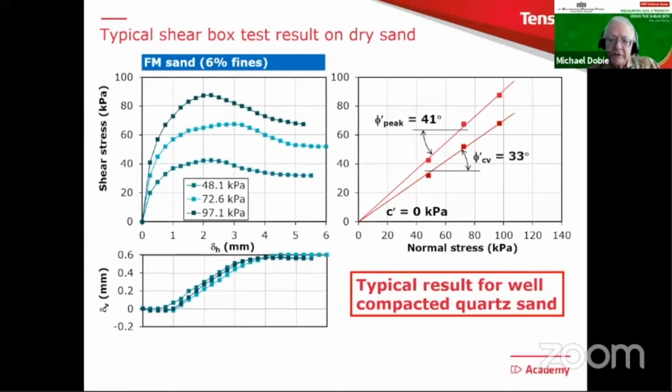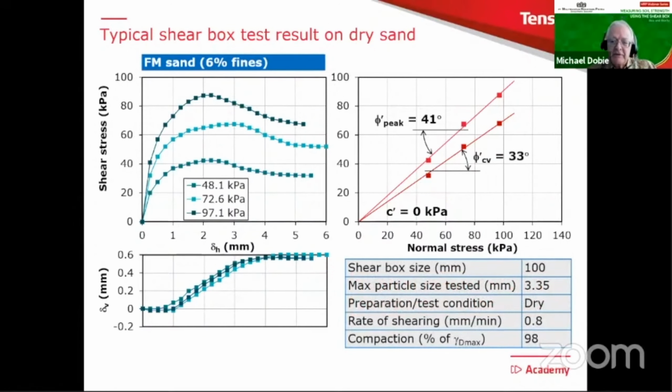Now what I'm going to do with this, I'm going to add a little table of information on the bottom right. And there are 5 items in here, which I'm going to read through to you this time, but you're going to see this repeated several times in different examples of test results. Shear box size, in this case 100 millimeters. That's both the width and the length of it. Maximum particle size tested was 3.3 millimeters.